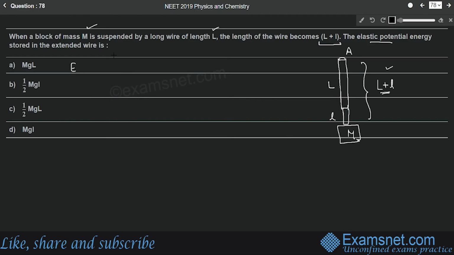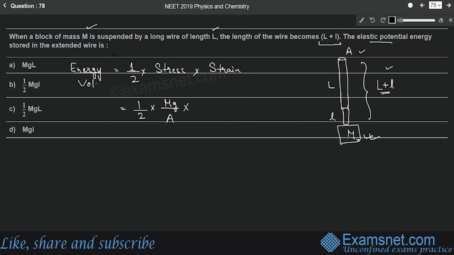So we know that the energy stored per unit volume is equal to half into stress into strain of the wire. So what is stress? Stress is equal to force per unit area. So force will be the weight of this block, that means Mg, and area will be A, the cross-sectional area.